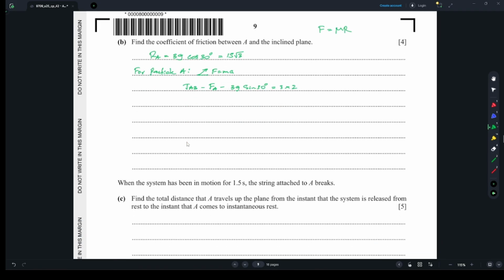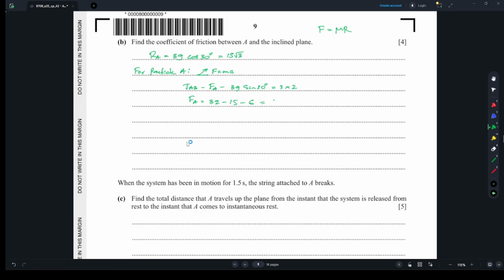Okay, so from this one, FA, if I bring FA to the other side and 3 times 2, 6, to the left. So TAB we found as 32, minus 3g sine 30. Sine 30 is half, 3g is 30, so 30 times half means 15, minus 6.